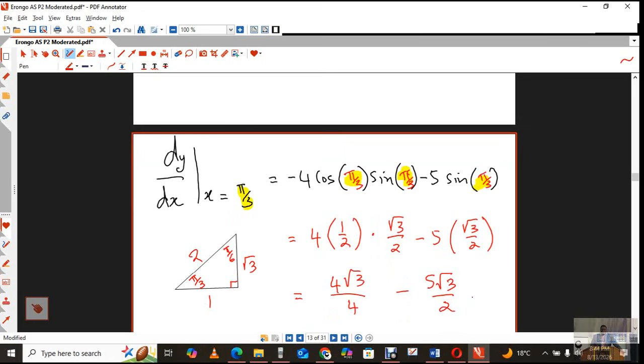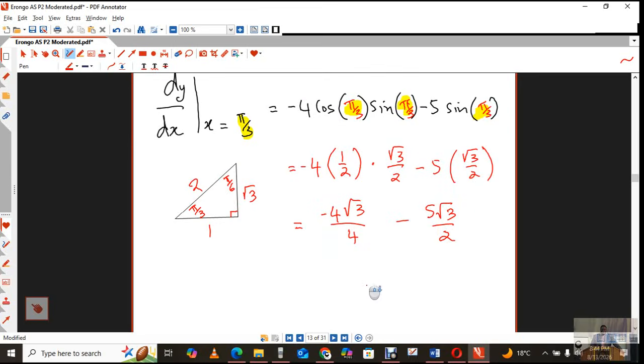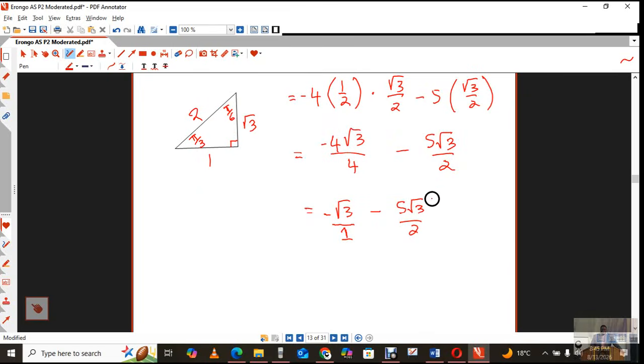But that 4 is negative, so let me not forget my negative sign again. Right, we're nearly where we need to be. Of course, those 4's cancel, leaving me with negative root 3, minus 5 root 3 over 2. Essentially, this is over 1. Then making the common denominator, that is multiplied out 1 by 2, that's negative 2 root 3 minus 5 root 3, everything over 2.